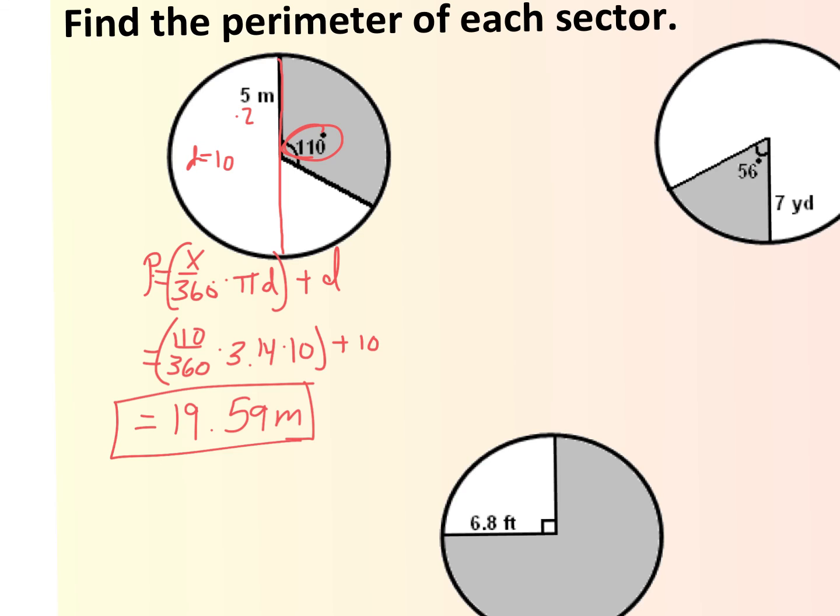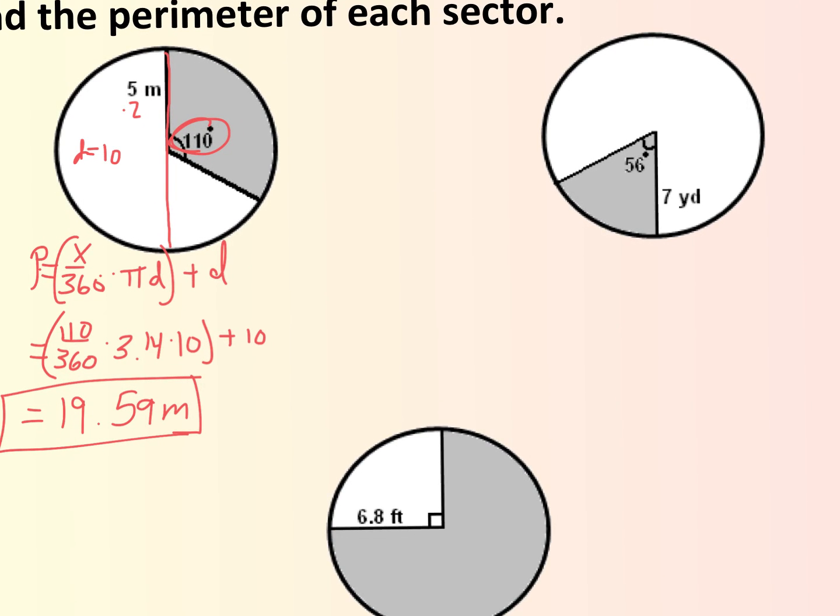All right, so hopefully you paused and took a look. You got P equals x over 360 times pi times your diameter plus the diameter. So our angle is 56, so it's 56 over 360 times 3.14 times your diameter, which remember is double your radius, so it'd be 14.